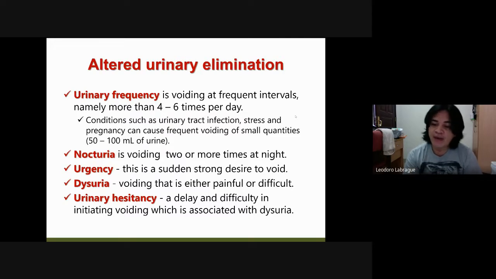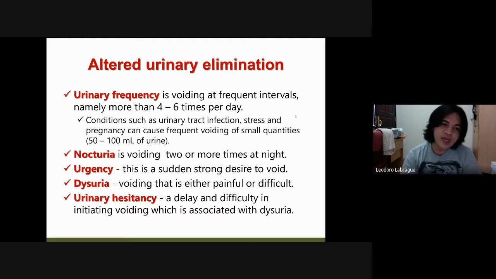That's why if you have an exam, if you have an OSCE, you cannot understand yourself, you keep on going to the washroom every 30 minutes or every 1 hour. And of course, if a patient is pregnant, the patient might also experience urinary frequency. These are conditions that can cause urinary frequency.